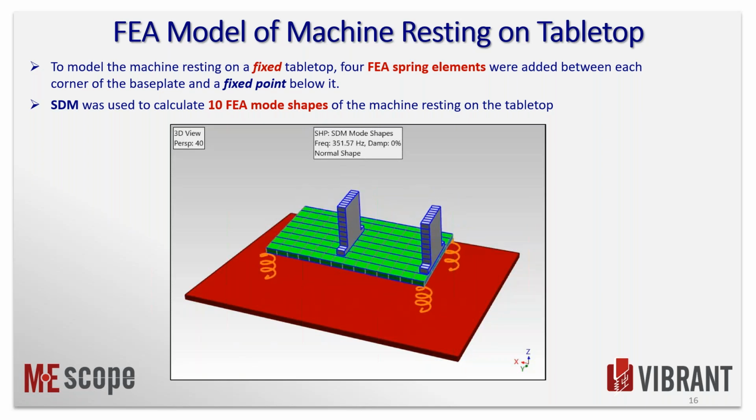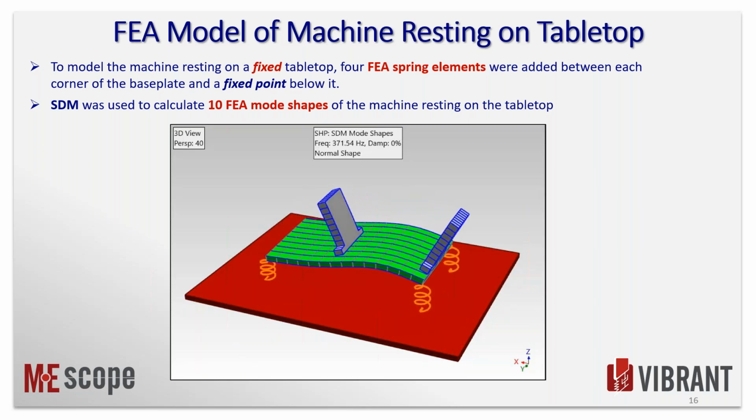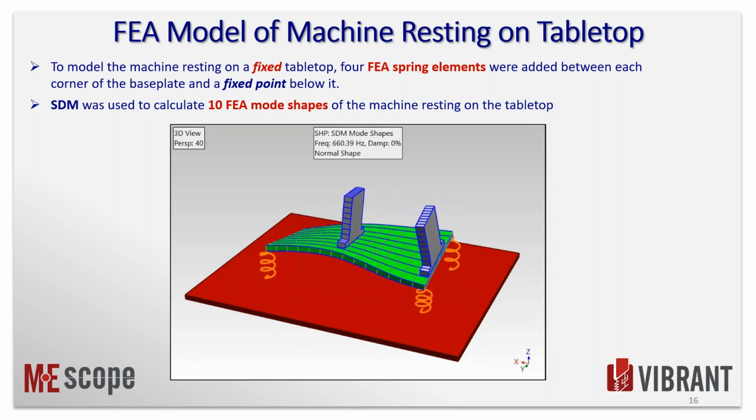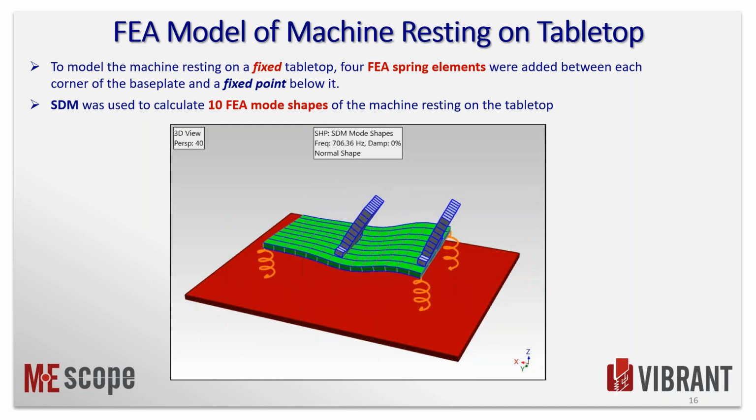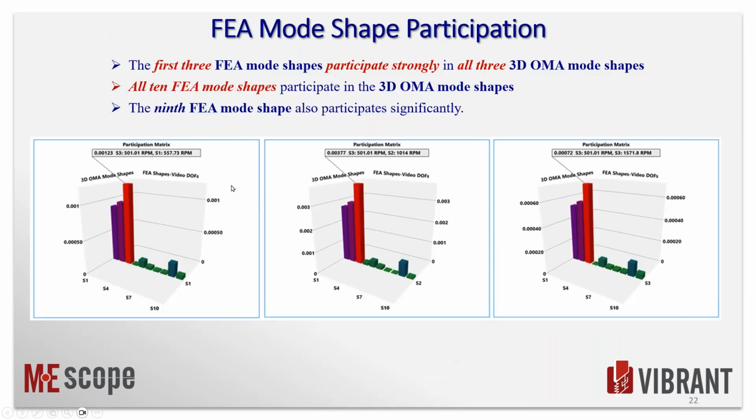This one is almost, again, rigid body motion, but you can see there's just a lot of deformation at the higher frequencies of the FEA mode shape. So if we go back and look at the participation, the first 3 modes dominate the curve fitting process, going from 2D to 3D.